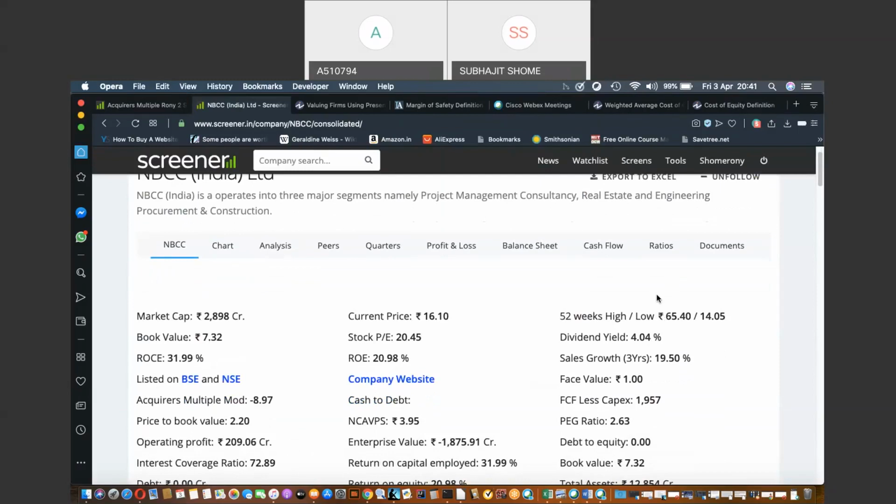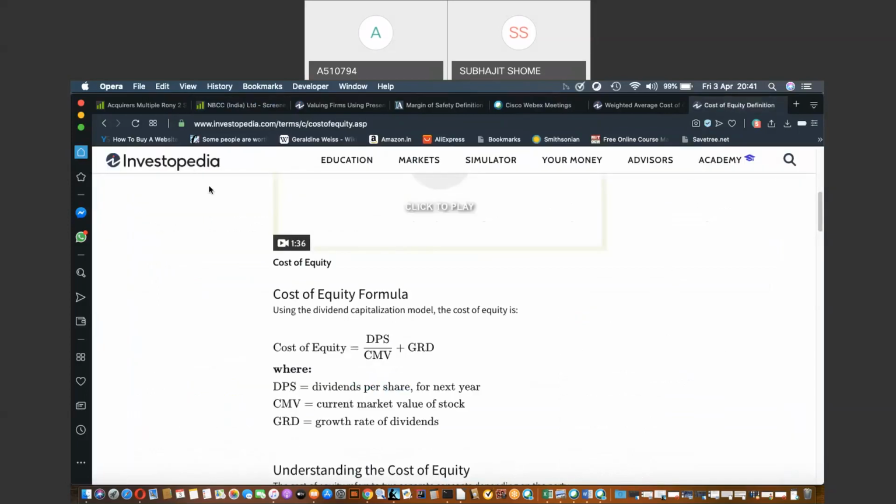Earnings per share is how much? One second. We are finding the cost, so first dividend per share. Dividend per share is equal to.